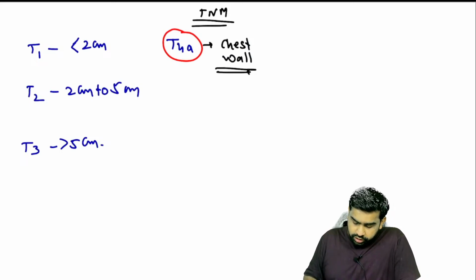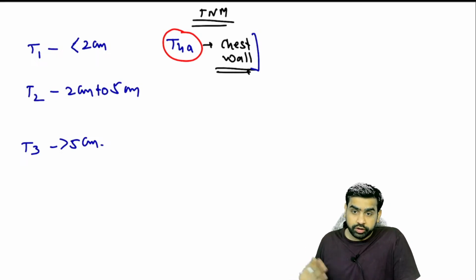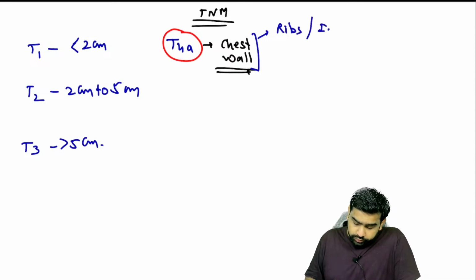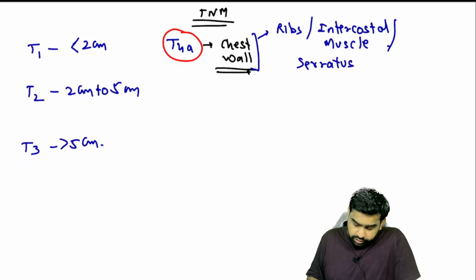Okay, so in the chest wall involvement, what is included? If at all there is involvement of the ribs, if at all there is involvement of the intercostal muscle, if at all there is involvement of a serratus anterior muscle.